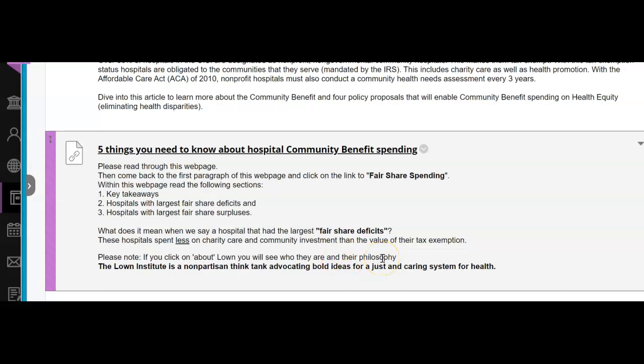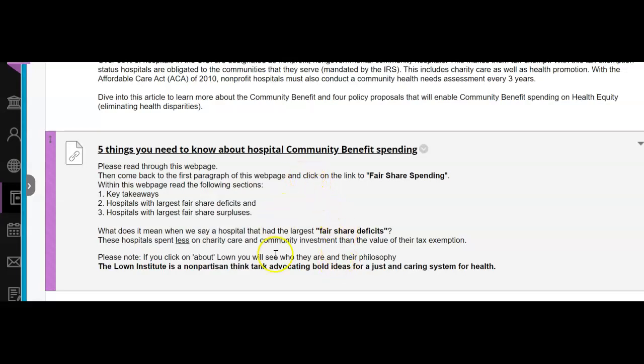They really have a phenomenal philosophy, because I like to know where I am getting my sources of information, and I was not familiar with the Lown Institute. It's a nonpartisan think tank that advocates for bold ideas for a just and caring system for health. So if you look at their philosophy, it's pretty incredible.